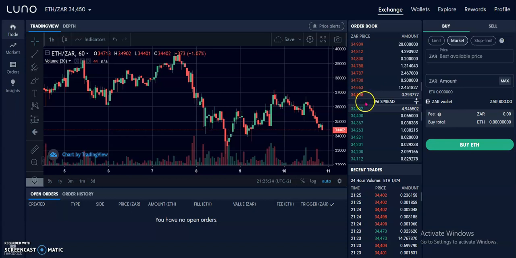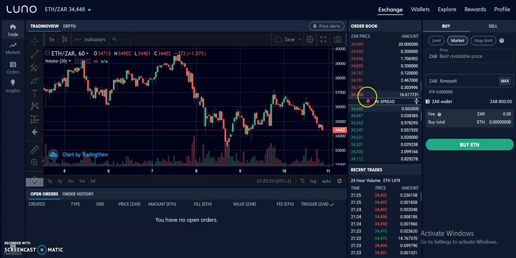That's the seller, who wants to sell at that price, and a buyer is prepared to buy at 34,400. The spread is the difference between the price the seller wants to sell at and the price a buyer wants to buy at.